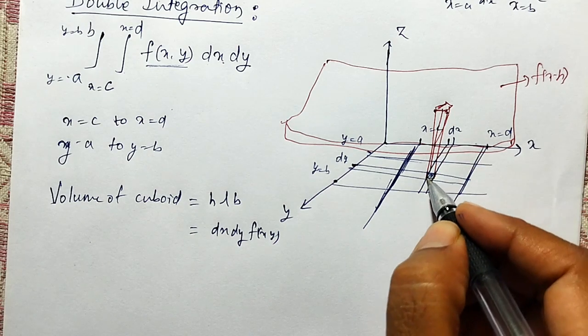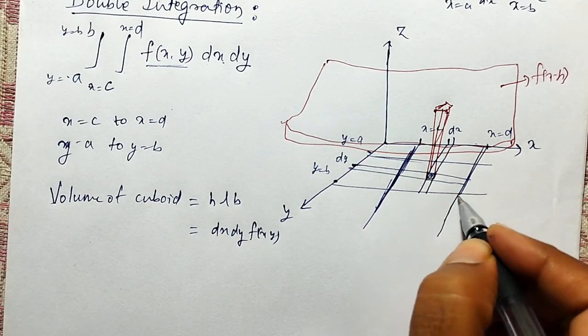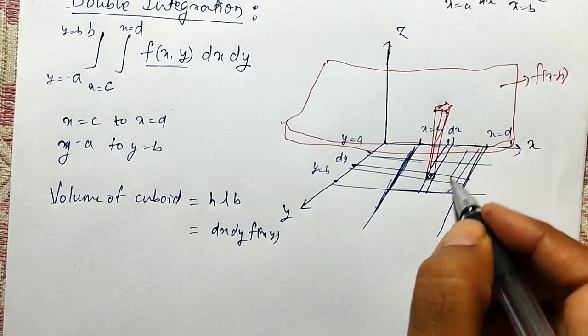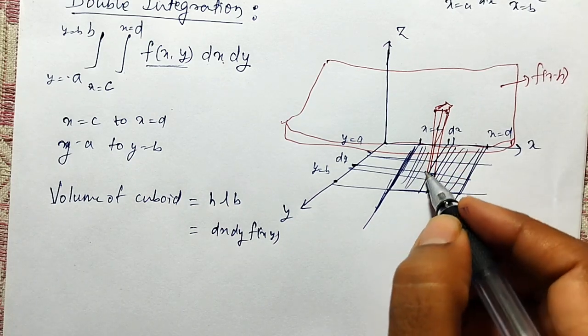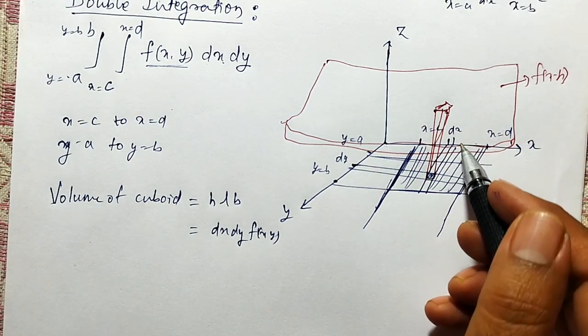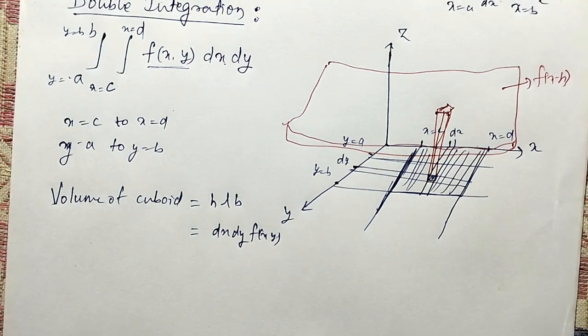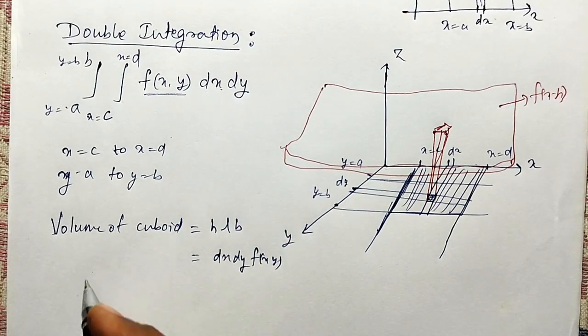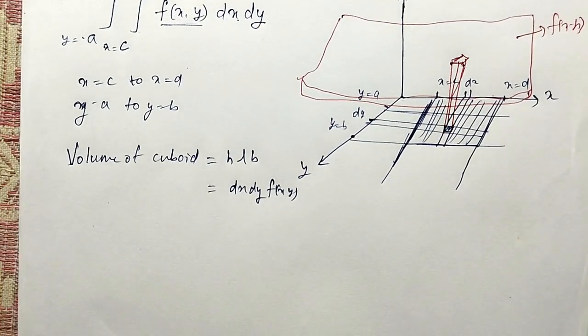Such dx dy elements are added over this rectangular area, and such cuboids are added up under the surface. Therefore, what is this double integration representing?